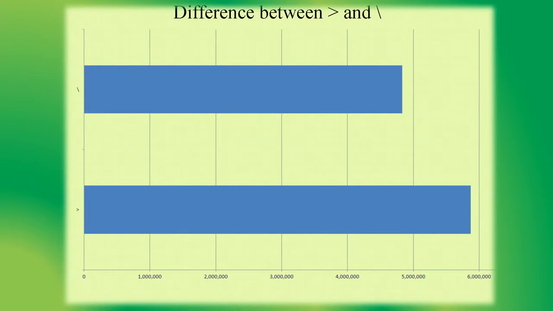There is not too much difference between it and the backslash, but given the last graph, you can probably understand why another chart was used for characters with less than 5 million results.